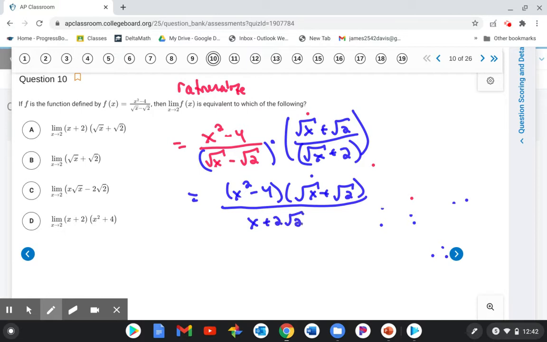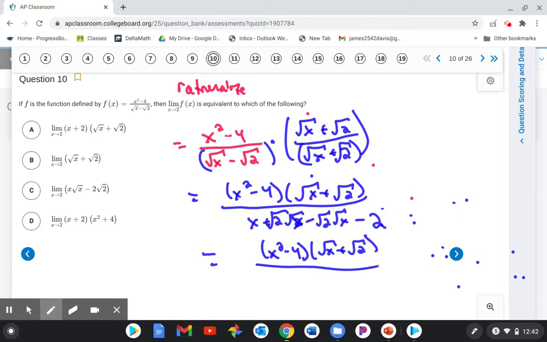It's plus 2 radical x, and then minus radical 2, radical x. And then last one, minus radical 2 times plus radical 2 would just be minus 2. So what we end up with is x squared minus 4 times square root of x plus square root of 2 over, the middle terms cancel, x minus 2.